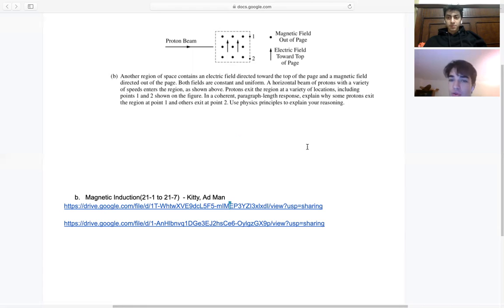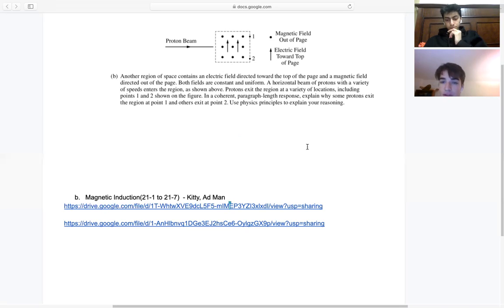All right, so the magnetic and electric fields are going to affect the protons in different ways. They're going to go against each other. One important factor that determines where the proton leaves is its speed, because the effect of the magnetic force on the proton is affected by speed, while the electric force is not.